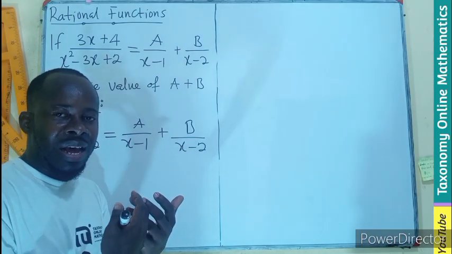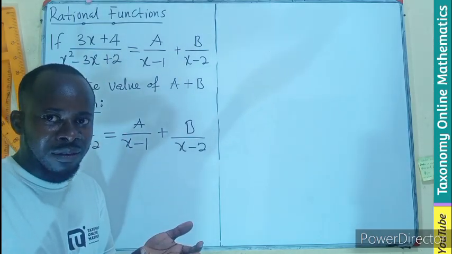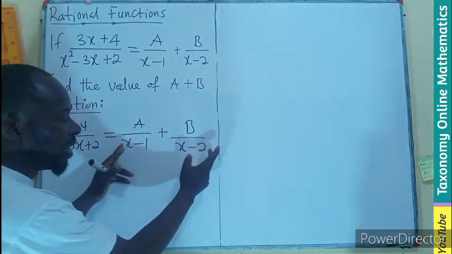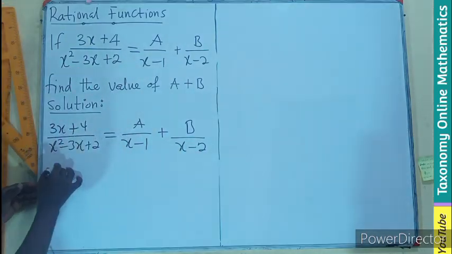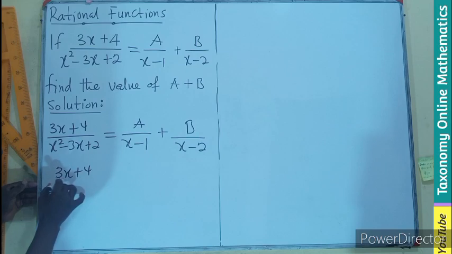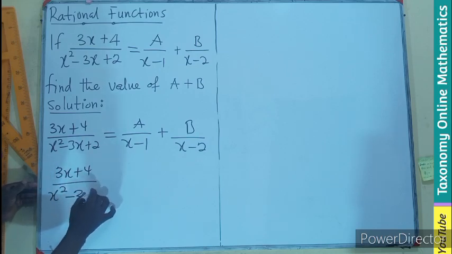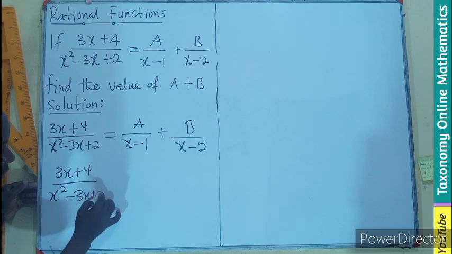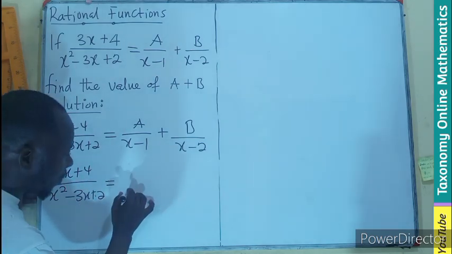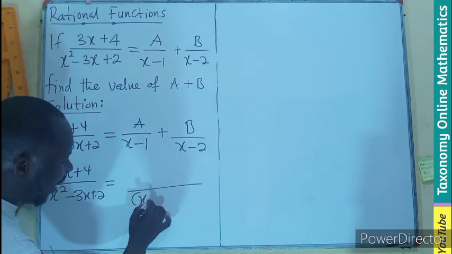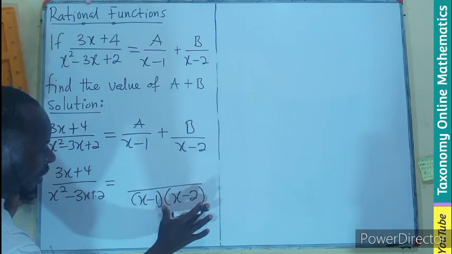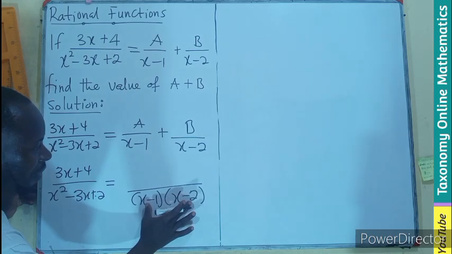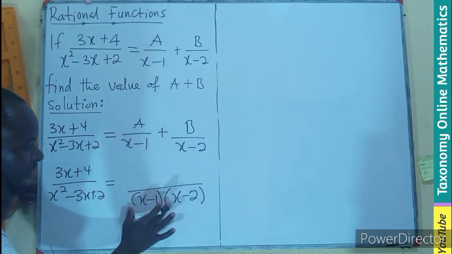We look at the LCM of the denominators, where this LCM will just be the multiplication of the two in brackets. So I should be having (3x + 4) on (x² − 3x + 2), then that should be equal to, my LCM will now be (x − 1)(x − 2). So if this is the LCM, we pick this denominator to divide this.